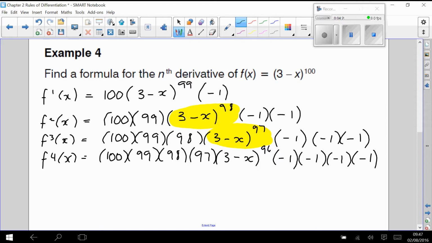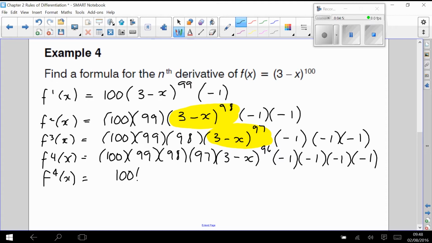Now before I get on to finding my nth derivative, I'm going to see if I can create a pattern using the fourth derivative number. Remember, we always try and make a link between the expression and the number of the derivative. So if I write the fourth derivative of f of x, I could have written this as 100 factorial.